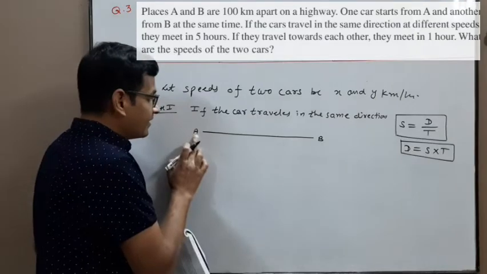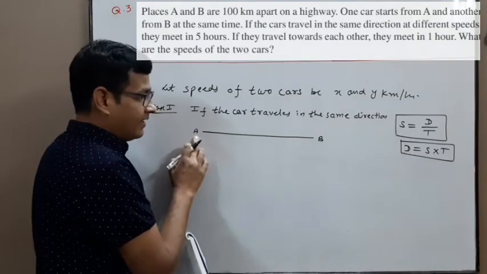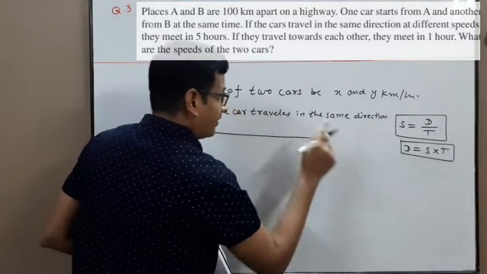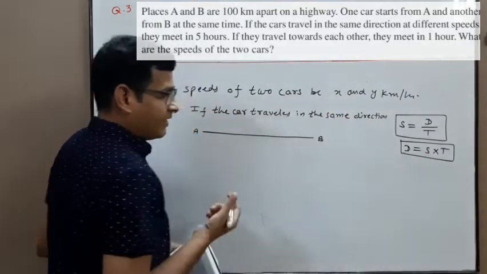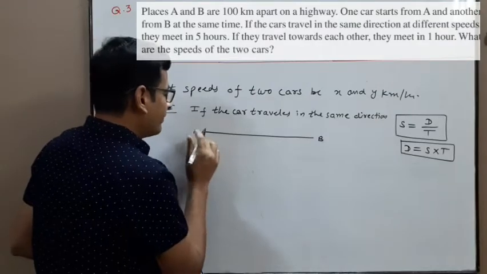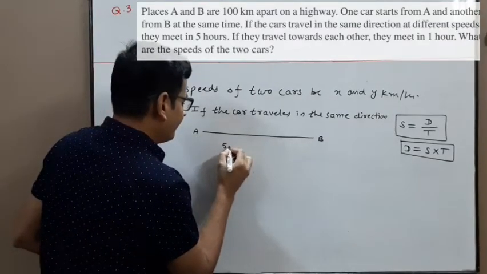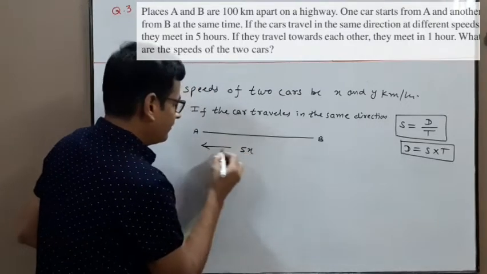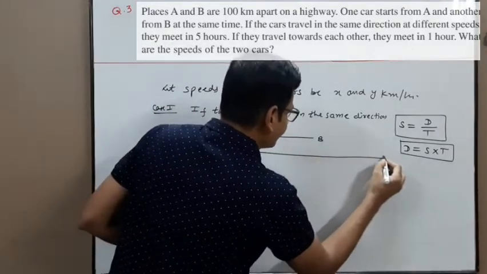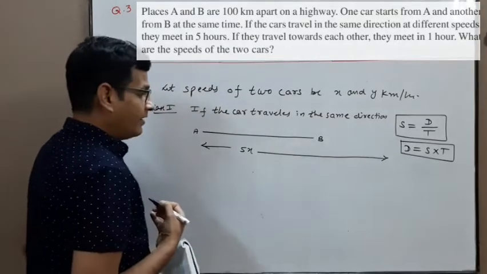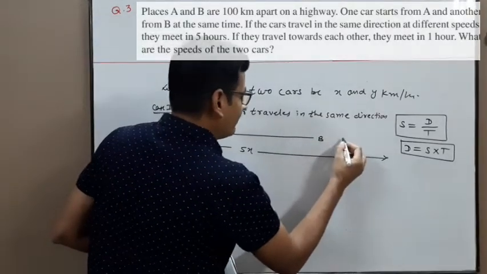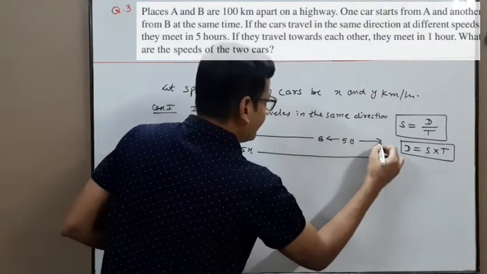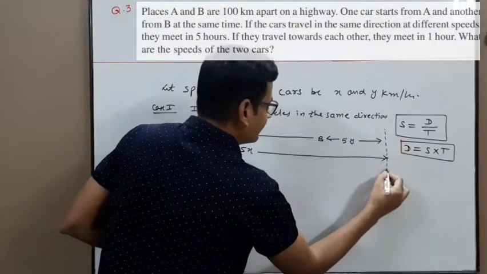So the distance covered by car A in 5 hours: speed of car A is x km per hour, so the distance covered by car A is 5x. From here to here, 5x. And the distance covered by car B is 5y. And they meet at that point.